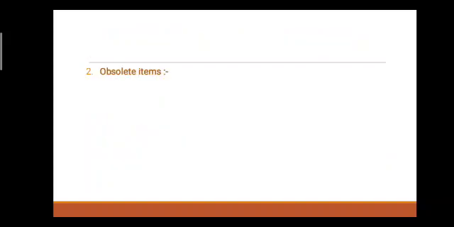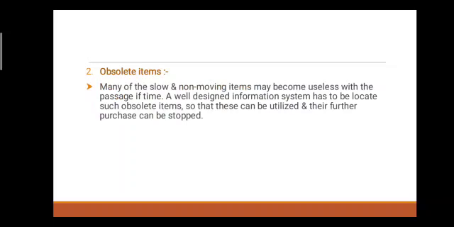Second, obsolete items. Many of the slow and non-moving items may become useless with the passage of time. A well-designed information system has to locate such obsolete items so that these can be utilized and their further purchase can be stopped.